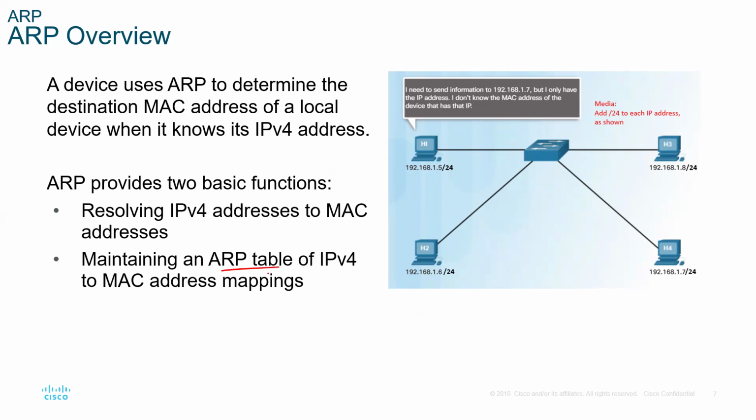When we talk of this table, every table, in fact, we talked about the MAC addressing table. We talked about the routing table, right? The MAC table contains MAC addresses and incoming port numbers.